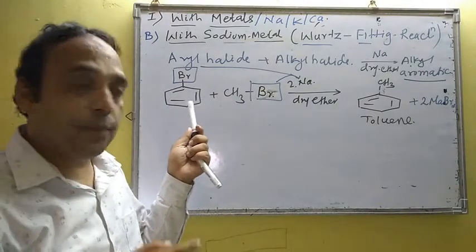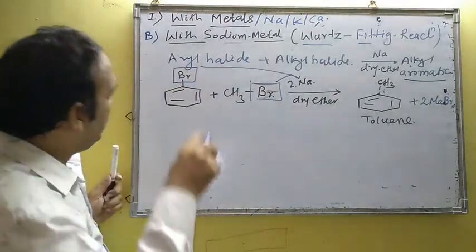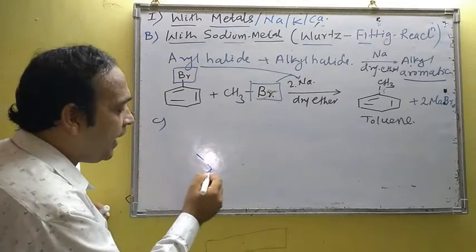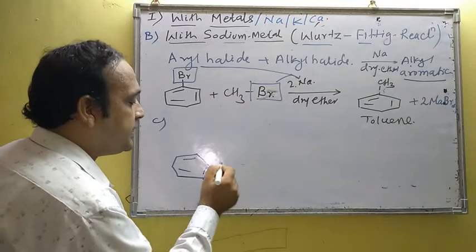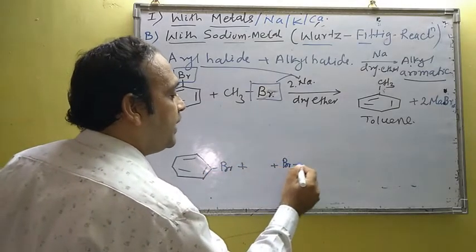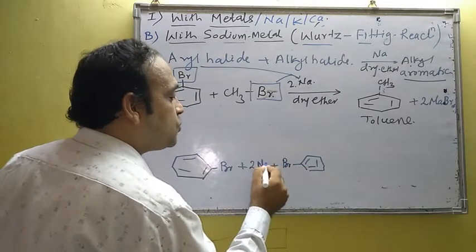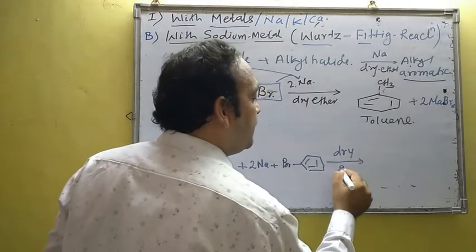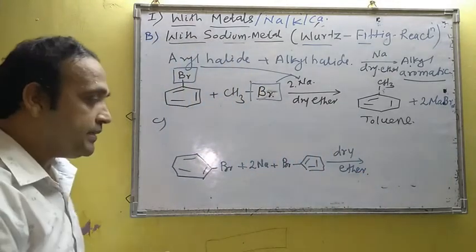Wurtz-Fittig रिएक्शन में क्या लिया अपने? एक अल्किल हालाइड और एक एरिल हालाइड्स. लेकिन एक और रिएक्शन आता उसमें क्या रहता? बोथ आर एरिल हालाइड्स. अब सपोज आई एम टेकिंग हियर ब्रोमोबेंजीन. सो बोथ ब्रोमोबेंजीन वी विल यूज. ब्रोमोबेंजीन. ओके, नाउ रिएक्ट विथ सोडियम मेटल in presence of dry ether as a solvent.